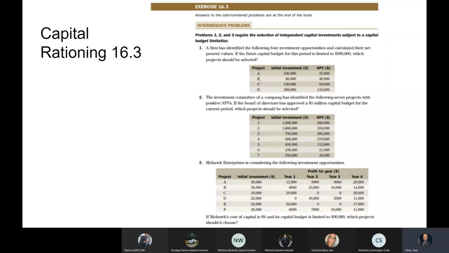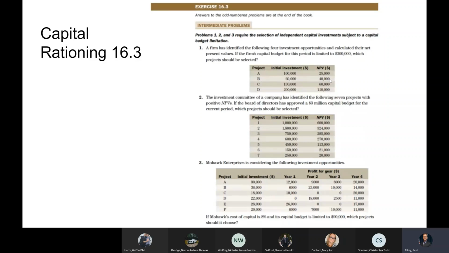Project A has an initial investment of $100,000, and it's going to yield a net present value of $25,000. Project B has an initial investment of $60,000, and it's going to yield a net present value of $40,000.